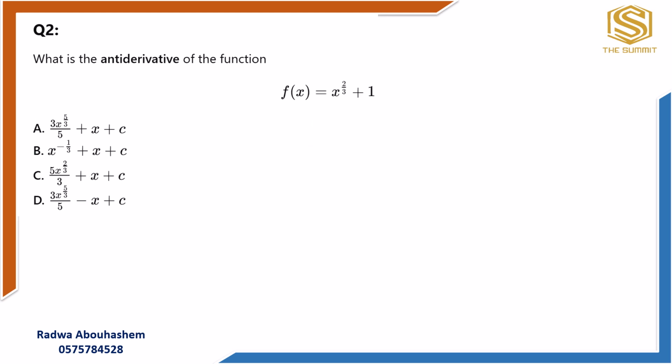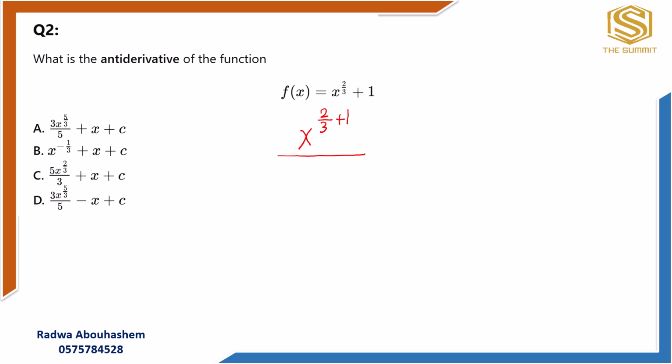Okay, here, function of x equal x power 2 over 3 plus 1. Let's apply the rule. Add 1 to the power and divide by the new power. 2 over 3 plus 1, divided by the new power. Now the new power would be 2 over 3 plus 1. The 1 here is a magic number. Whatever the denominator, you just put it up and down.